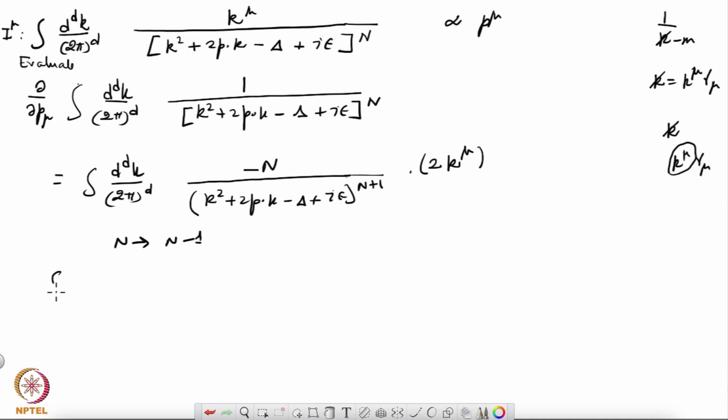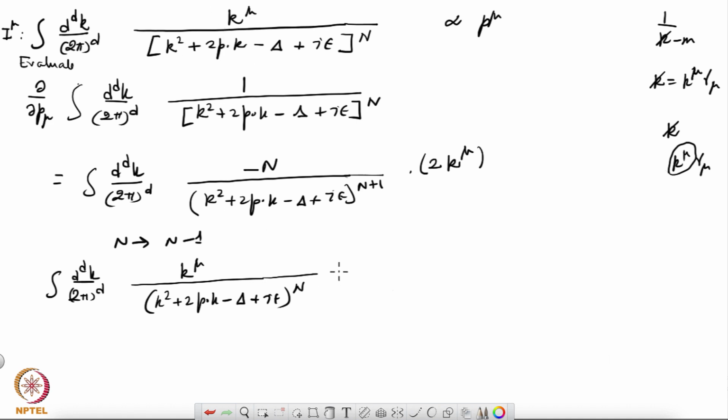I get the integral d^d k over (2 pi)^d, k mu over (k square plus 2 p dot k minus delta plus i epsilon) to the power n. This is what we want to evaluate.